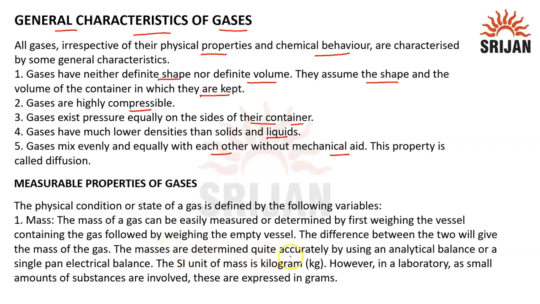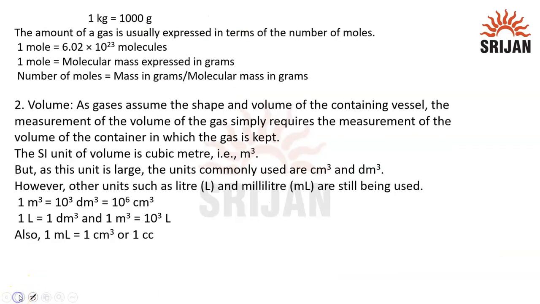Masses are determined accurately by an analytical balance or a single pan electrical balance. The SI unit of mass is kilogram, but in the laboratory very small quantities are sometimes involved, so they can be expressed in grams also, and 1 kilogram is 1000 grams.